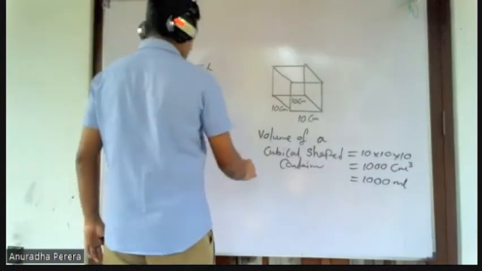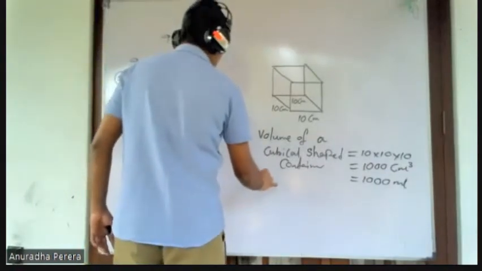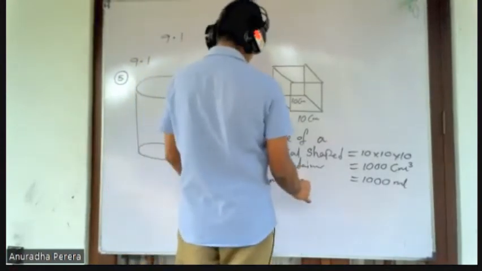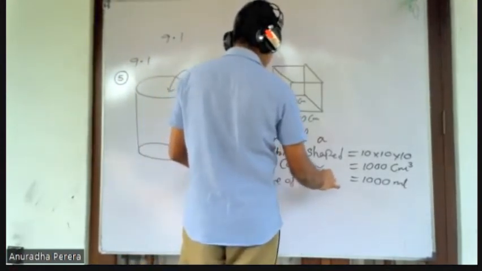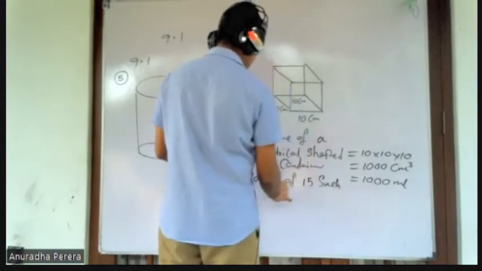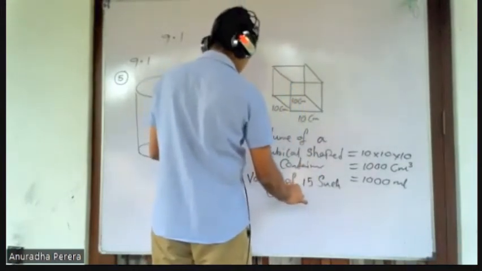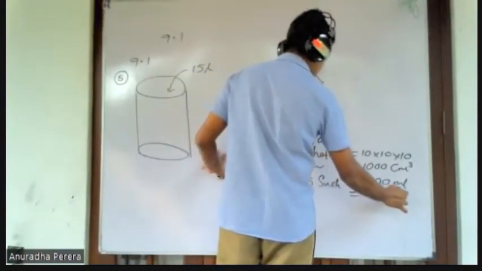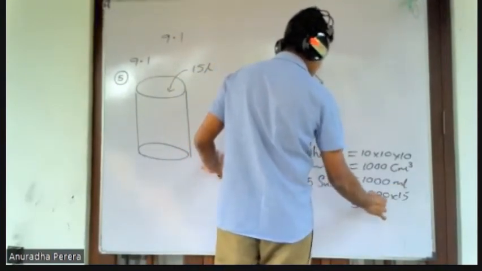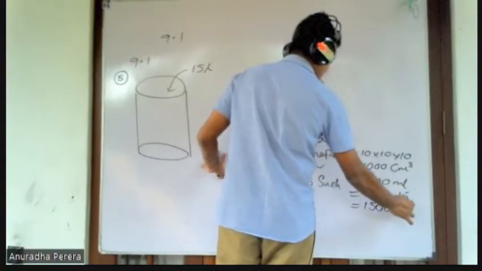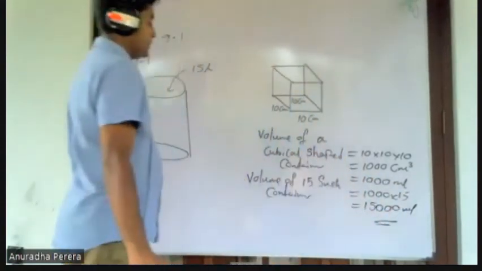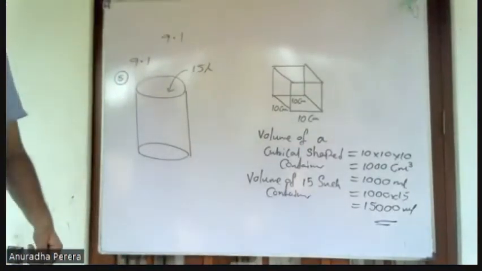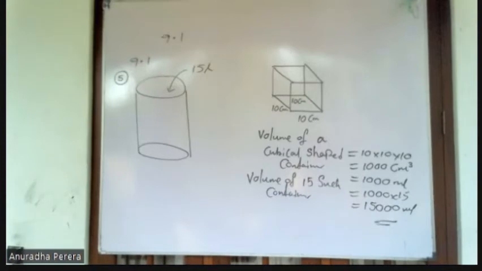Then the volume of 15 such containers, 1,000 into 15, is 15,000 milliliters. And we can represent the volume of the barrel in milliliters.